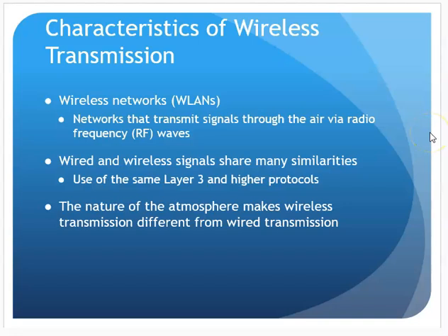Alrighty, first thing we want to look at is characteristics of wireless transmission. So what we need to remember was with wireless transmission, our signals are getting transmitted through the air via radio frequency waves. Any wired network is going to be using copper cable with electrical voltage pulses, if you will, or fiber optic cable using pulses of light.